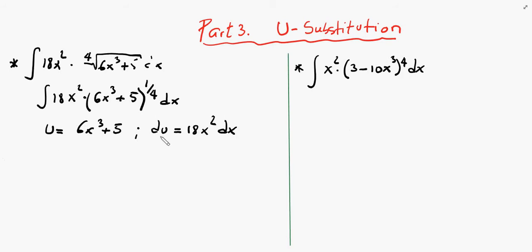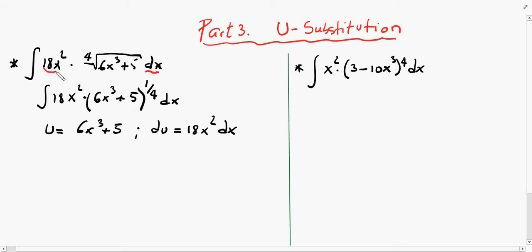Now if we look back at the function, you will notice that these terms are together, so we just need to rearrange them to bring them close to each other. That's what we're going to do now.